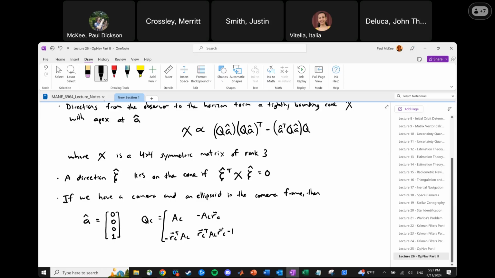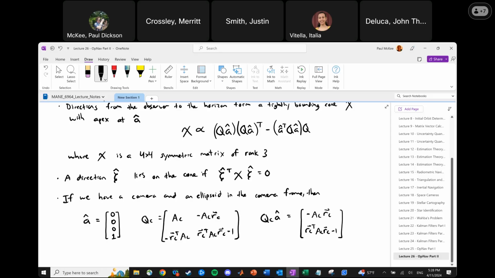Right, that's Q from last lecture. So then we can do a fun bit of math. What is QC times A? Well, we'd basically just be keeping only the right side. So we'd end up with AC, RC, RC transpose, AC, RC -1.